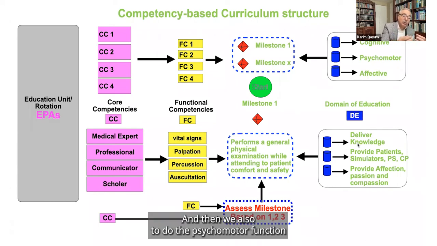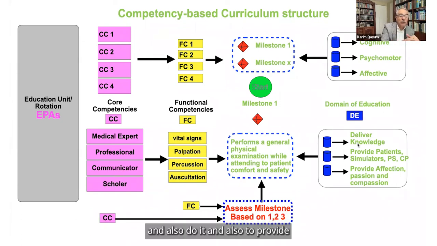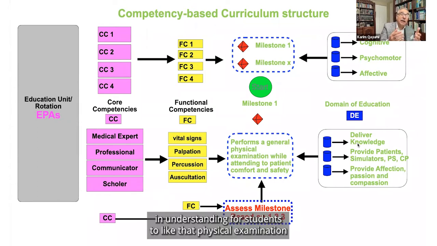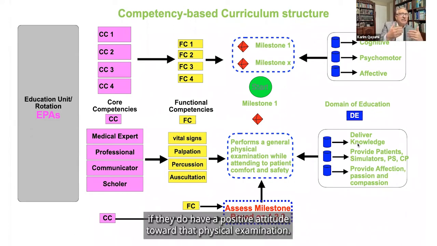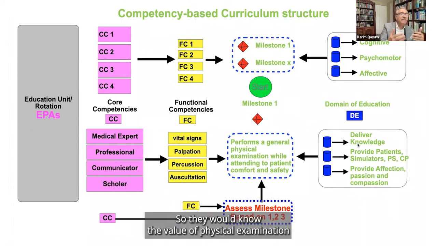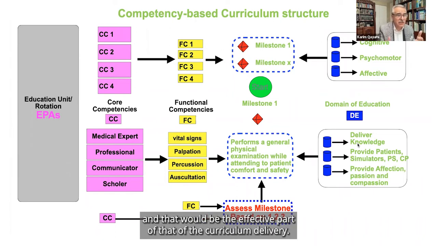And then we also have to do the psychomotor function, and also provide a reasonable environment and understanding for students to like that physical examination, to have a positive attitude toward that physical examination, so they would know the value of physical examination, and that would be the affective part of the curriculum delivery.